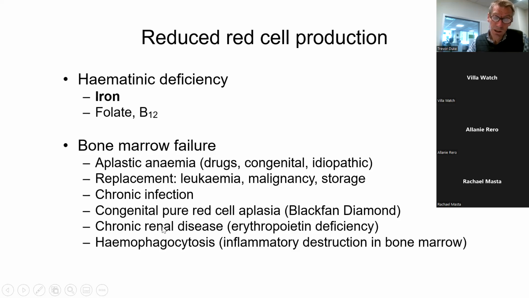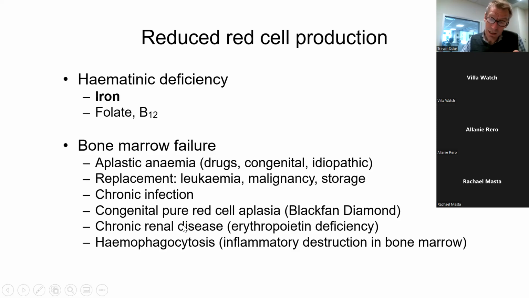As I said, chronic renal disease leads to anemia. The kidneys produce erythropoietin, which is a hormone that stimulates the bone marrow to produce red cells. And when there's erythropoietin deficiency because of kidney failure, chronic kidney disease, then the bone marrow doesn't produce red cells. And so most children who've got some degree of chronic renal impairment will have anemia.